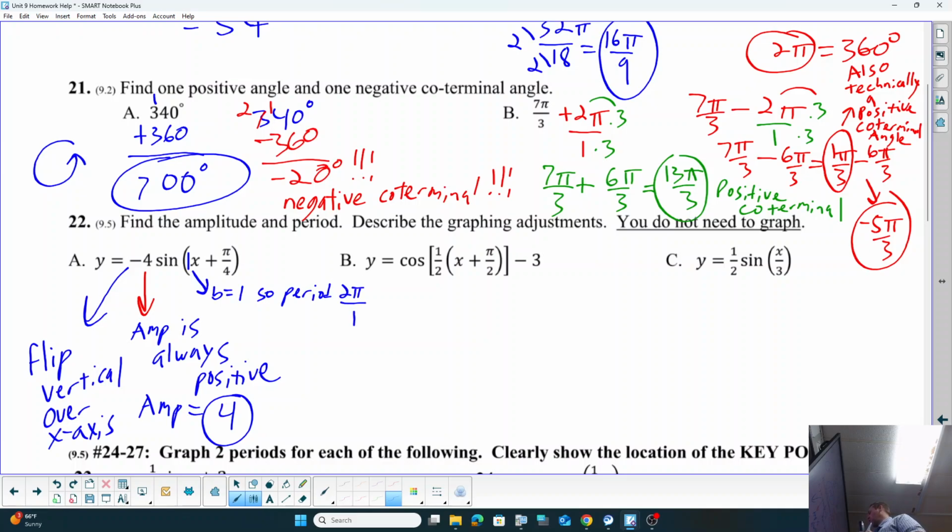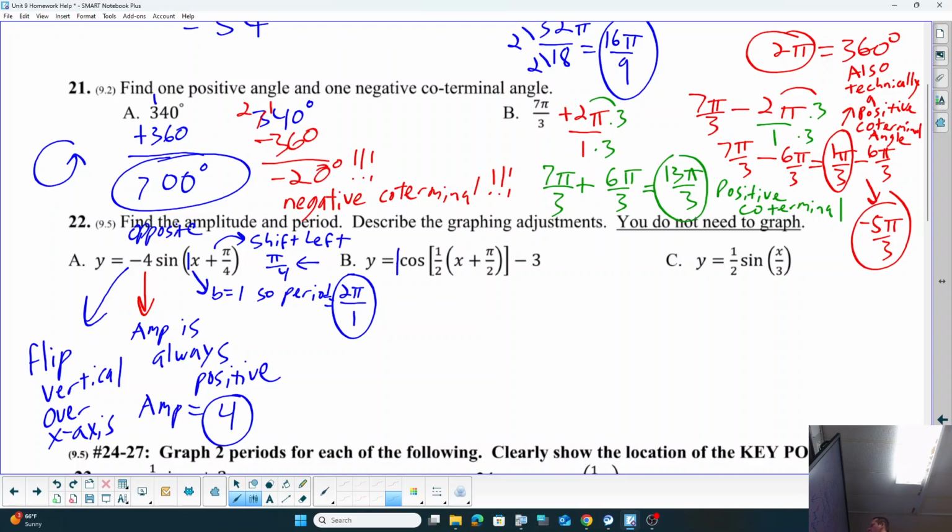So 2 pi over 1 is the period. And then last but not least, this means shift left. Remember, it's the opposite. So shift pi over 4 to the left.